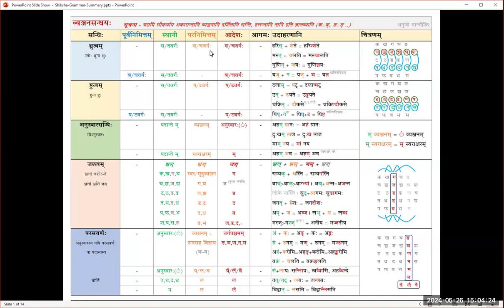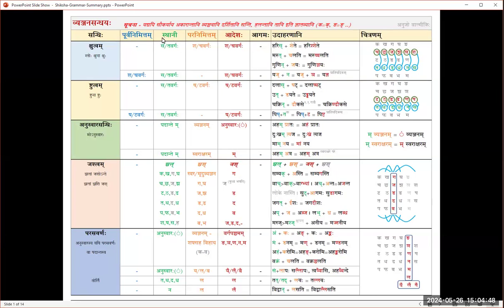In the Paninian flow, there are these columns involved. Purva Nimittam, the condition that is there in the previous portions of where the sandhi is happening.